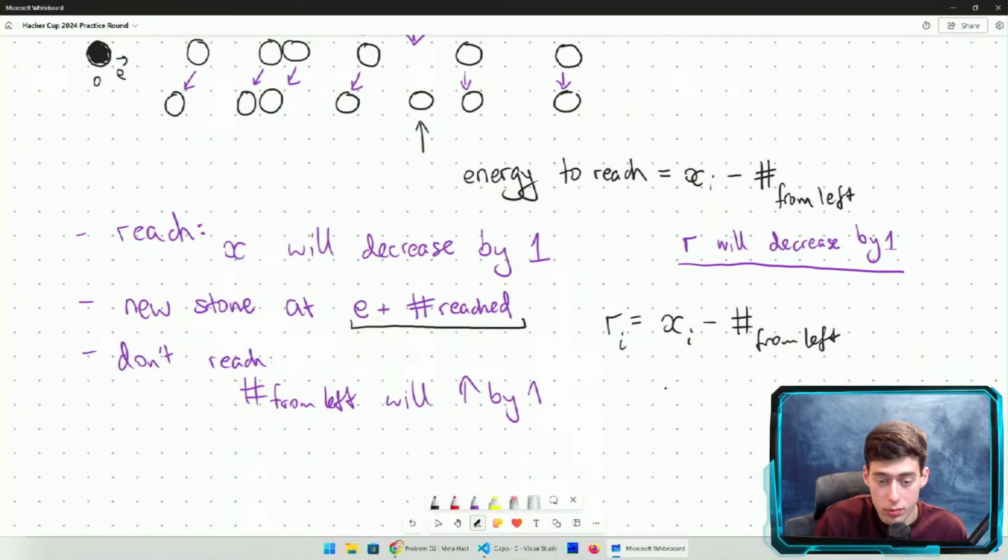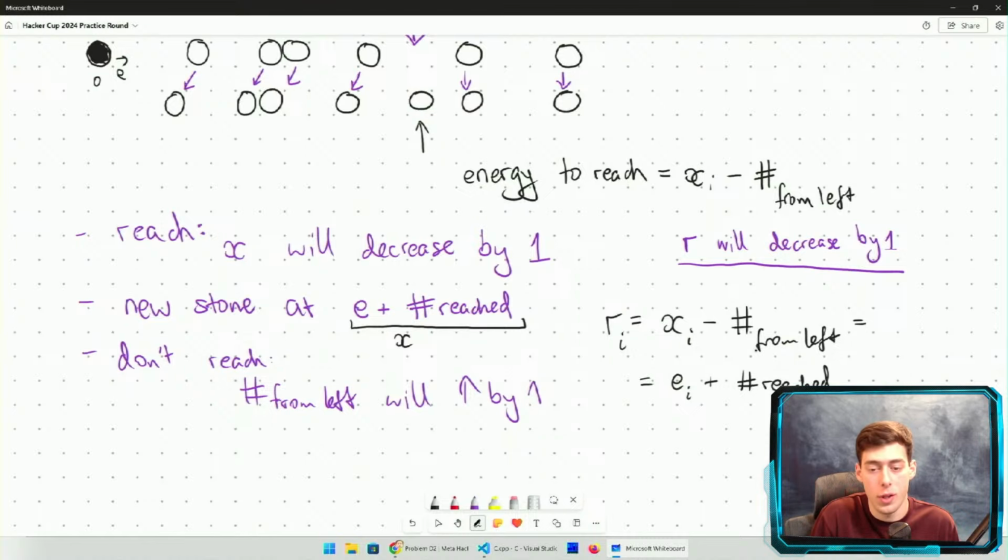And so in this case, we have xi over here. This is the energy with which it was thrown, plus the number of stones it reached, minus its index from the left.